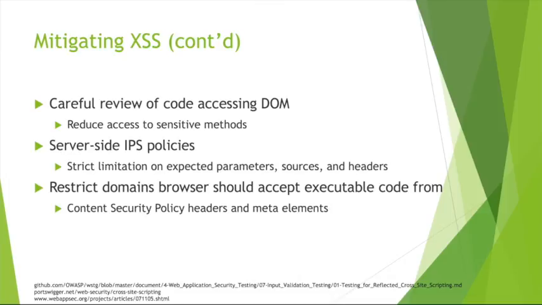On the server side, it's recommended to establish strictly limited IPS policies, allowing only the expected parameters, sources, and headers to be transmitted. And finally, content security policy headers and content security policy meta-elements can be used to restrict which domains the browser should accept executable code from.